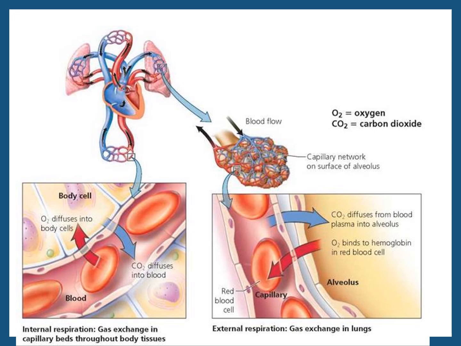Carbon dioxide is released as a waste product, so that has to be circulated back to the lungs so it can be exhaled out of the body. And so with these two circuits, the left side will deliver oxygenated blood to the tissues and deoxygenated blood to the right side of the heart.